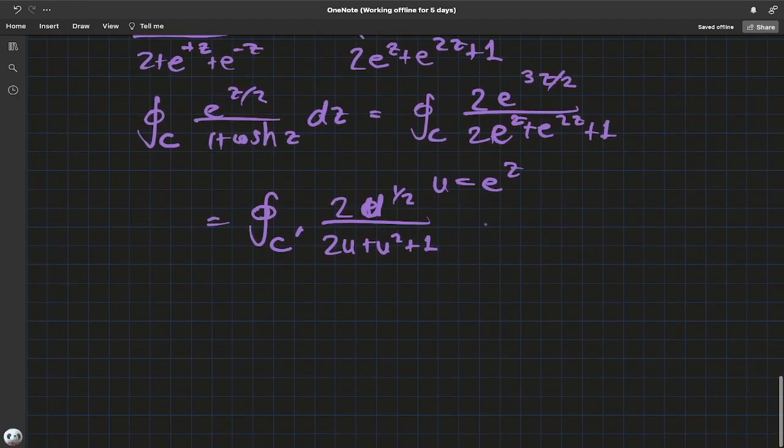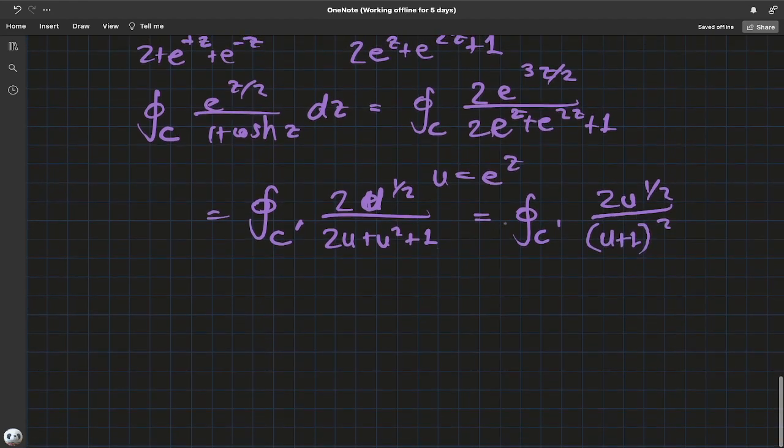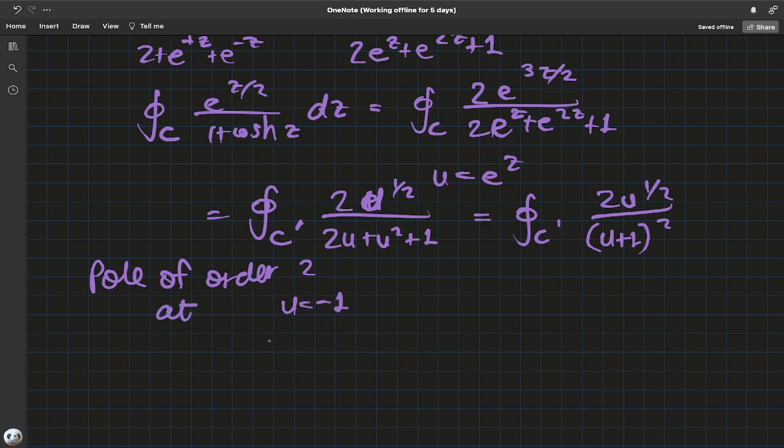You solve this, or you can even factorize this. In the denominator you have u plus 1, the whole thing squared, right? u squared plus 2u plus 1. So you notice the pole, it's a pole of order 2, because notice the power 2, which occurs at u equals -1.